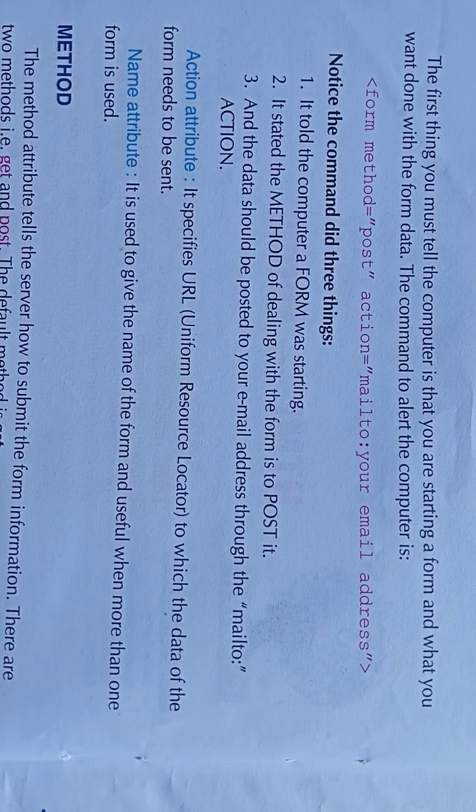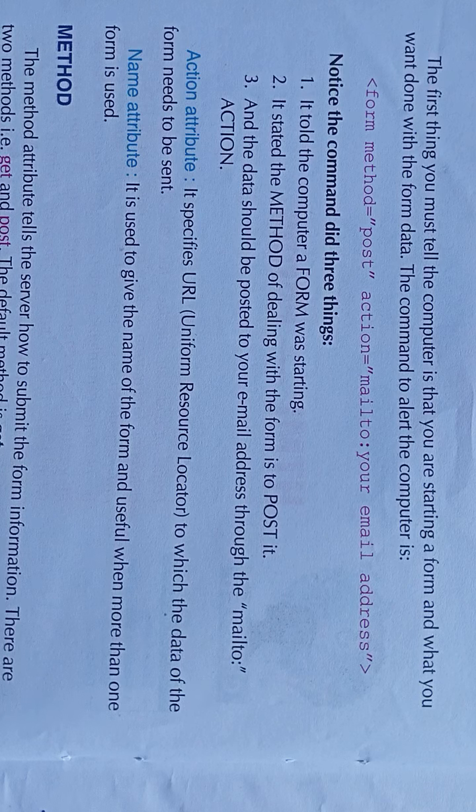And when you are done with the form element, you need to tell the computer what has to be done with this form. You need to make the computer ready for receiving the information in the form, and after receiving it, what has to be done with that information.